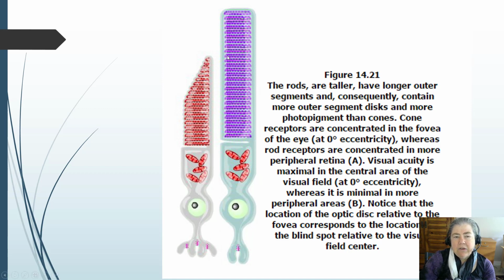You have rods out in the periphery and you have a ton of cones in the middle. You have a few cones moving out. You have absolutely no rods right at the fovea. The optic disc does not have photoreceptors, so that's our blind spot.